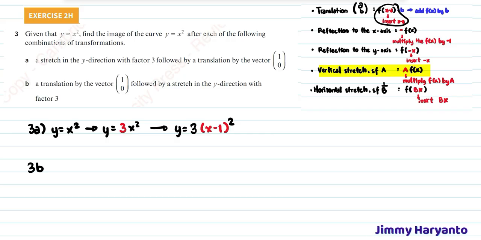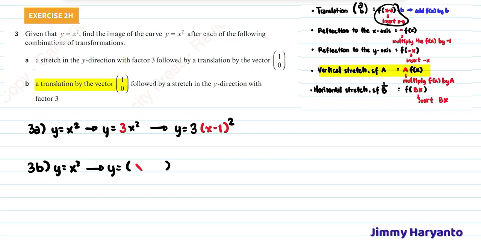How about 3b? For 3b, we have y equals x squared. And then you translate the function by (1, 0). So it's the same like before. You have to change the x into x minus 1. And then we still have square right there. Then after that, you have to stretch in the y direction with scale factor of 3.